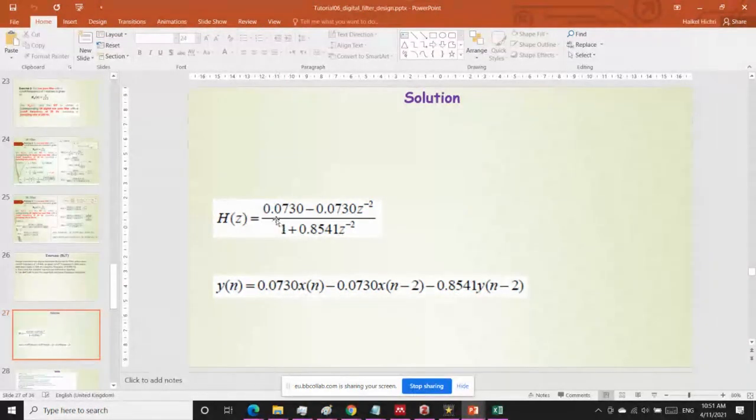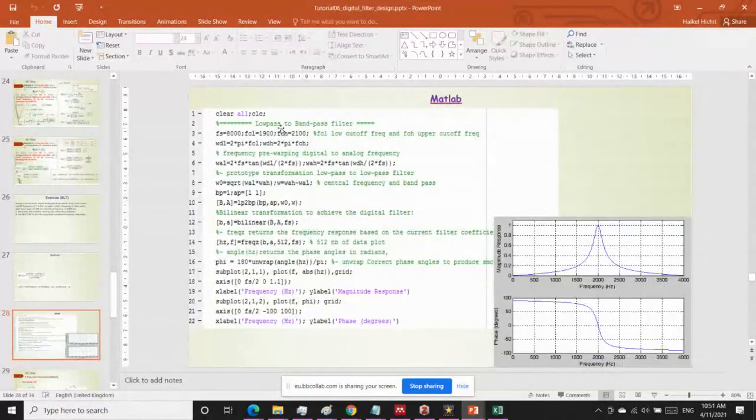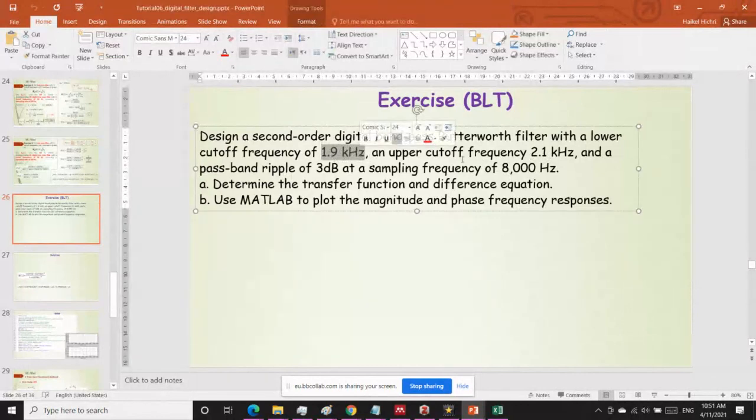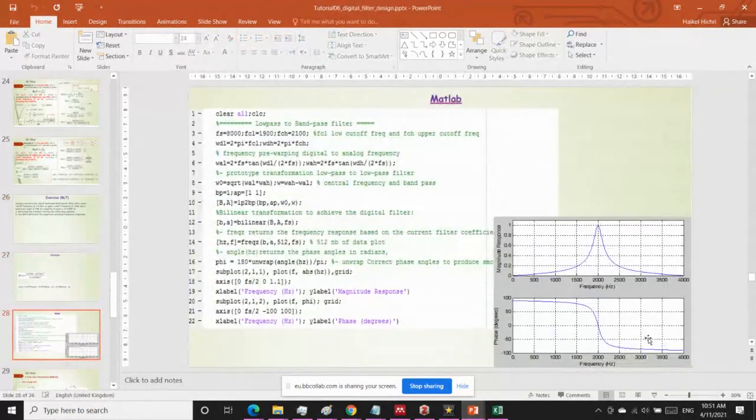Then you can do it in MATLAB, and then we make the frequency response to see how it looks as a filter. So this is the MATLAB implementation. As you can see, it's around 2000 hertz; it's between 1.9 kilohertz, meaning 1900 hertz, to 2100 hertz. So this band pass passes frequencies between 1900 hertz and 2100 hertz. Notice that around 2000 hertz it's high, so it's passing this small range between 1900 and 2100.